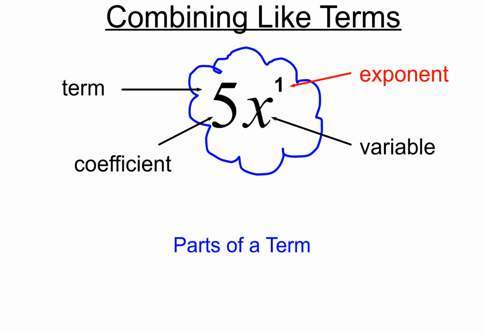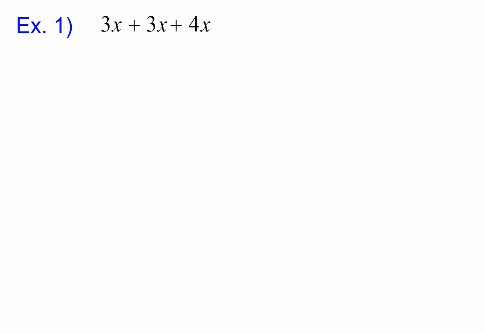And our job is to look at terms and to put them together based on what is alike and what isn't alike. So let's take a look at a couple problems and see if we can have that by definition. So here we have an example which says 3x plus 3x plus 4x.